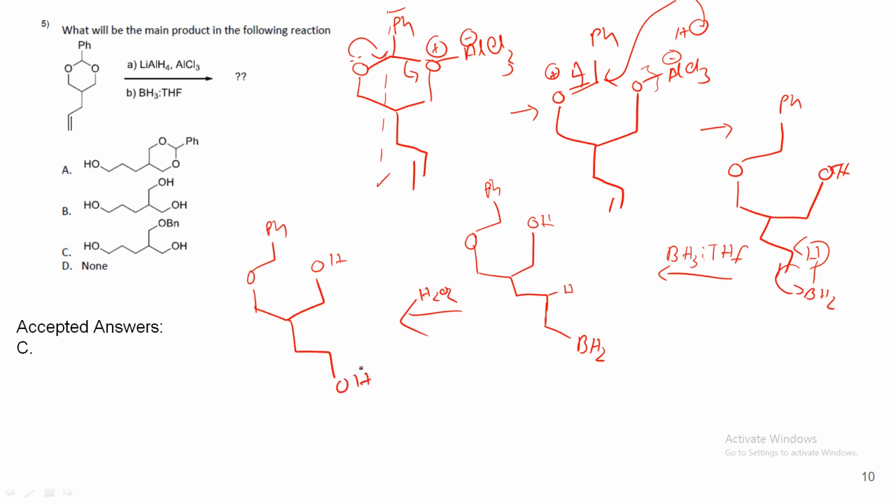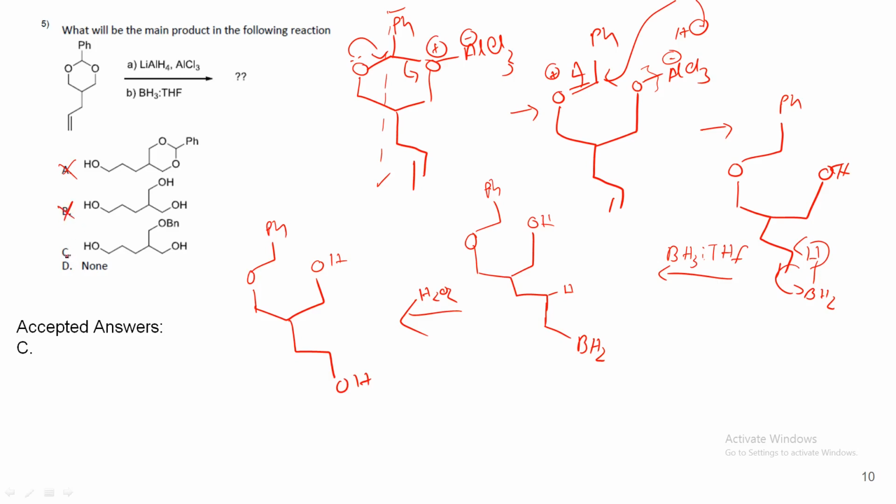So the final product that we would be getting should be this particular one. Now let's look at the options. In A, the ketal, the acetal, is unaffected, so it is not. In D, again you can see they have done the benzyl deprotection, but this condition cannot do the benzyl deprotection. We would need palladium-charcoal mediated hydrogenation or HBr.